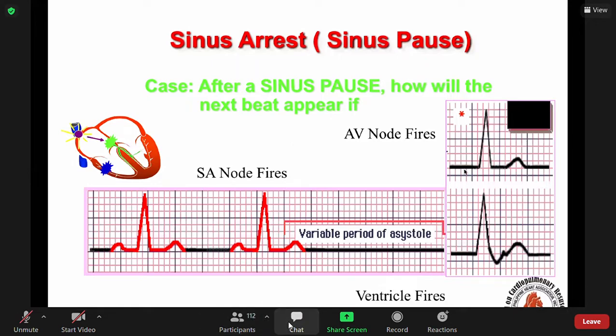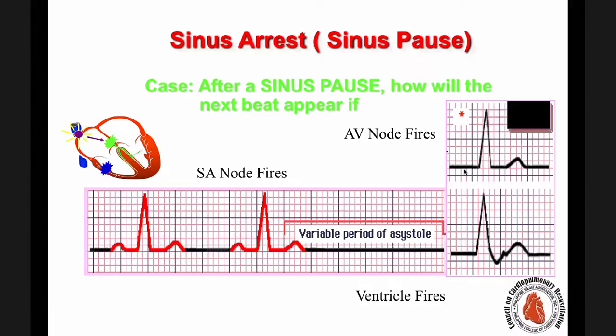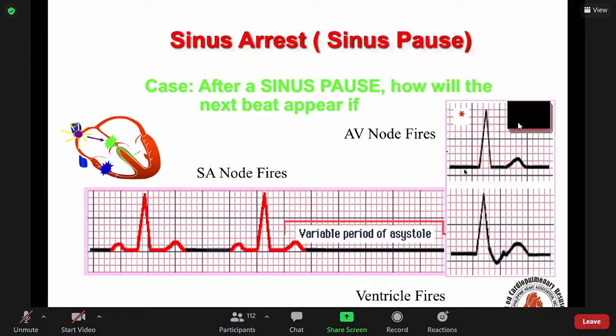The next beat will either come from the AV node, meaning a narrow complex QRS but no P wave, or come from the ventricles. Okay, blocks.